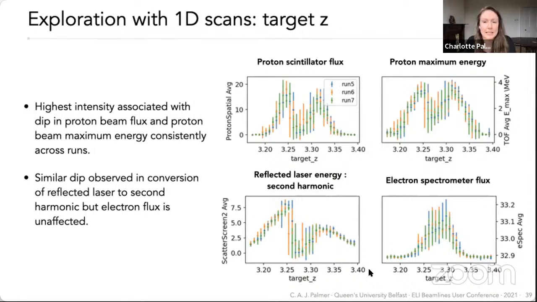And we see a corresponding dip in the conversion efficiency into the second harmonic in the bottom left here, and no real effect on the electron spectrometer flux. So as in Ohio, we believe that these dips are due to the relatively poor contrast of the laser, leading to target disruption when we have the high intensity pulse, and consequently also high intensity pre-pulse.